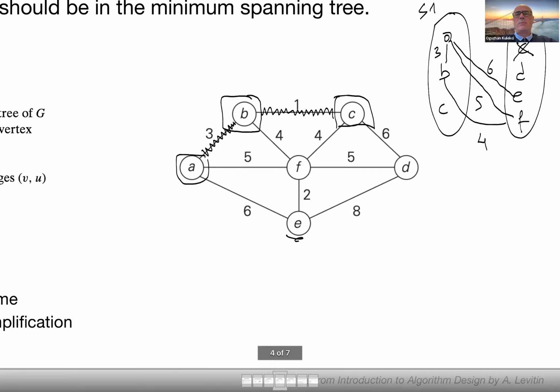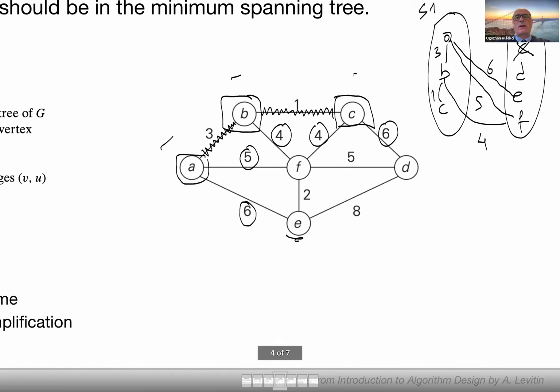And B is connected to C. Okay, then I keep going on. So A, B, C are my set one. So what are the bridging edges? You see 5, 4, 4, 6, and 6, these are bridging edges.